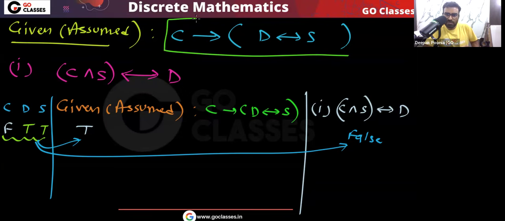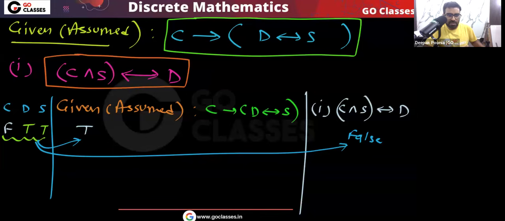From this information, we cannot infer this information. Very simple point. This is the counter example. You can take C false, you can take D true. So yes, this first expression will be false and the given statement will be true.